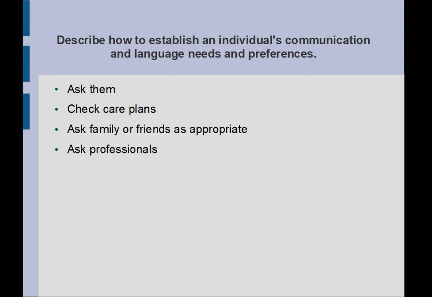And you could ask professionals as well. Again, so long as it's not a confidentiality issue, you could get advice from professionals. Say if somebody has had a recent stroke, then that would need to be added into the care plan, and if they have some damage or weakness to the muscles around their mouth or throat, then the speech and language therapist might give advice on how to support that individual to communicate.